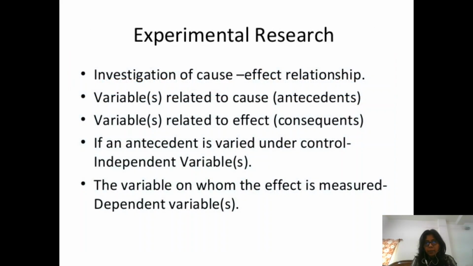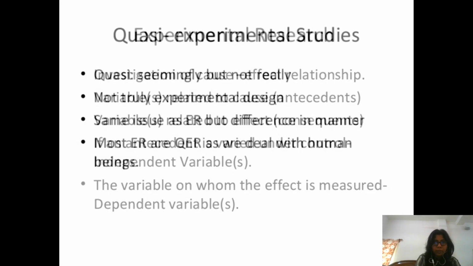In case of experimental research, this research is characterized by investigation of cause-effect relationship: variables related to cause, the antecedents, and variables related to effect, that is the consequence. If an antecedent is varied under control, it is called an independent variable, and the variable on which the effect is measured is called a dependent variable.